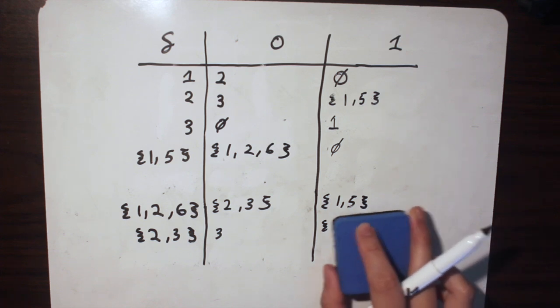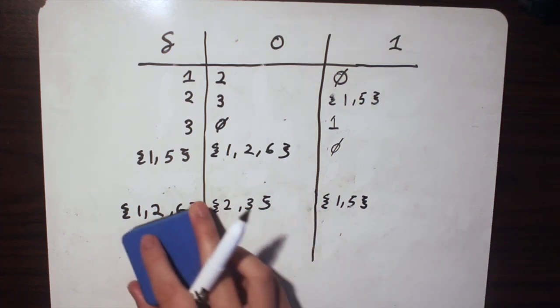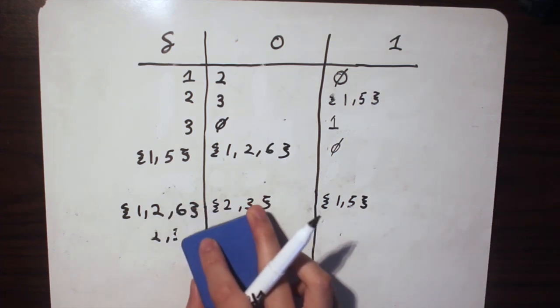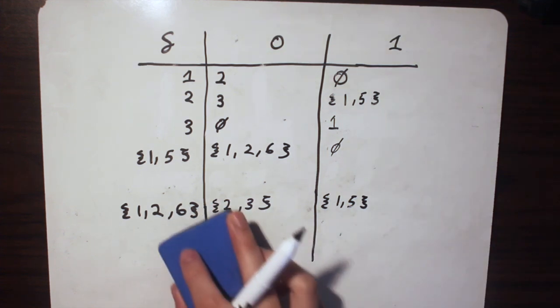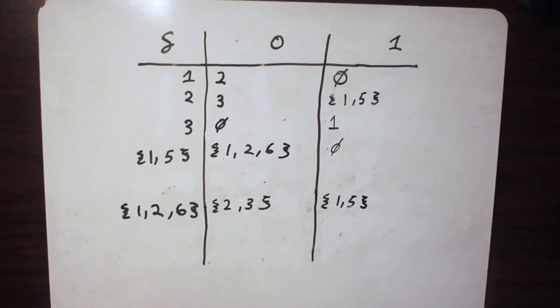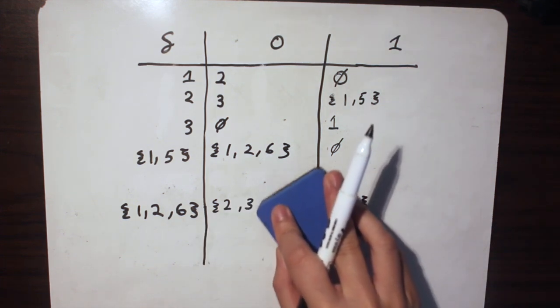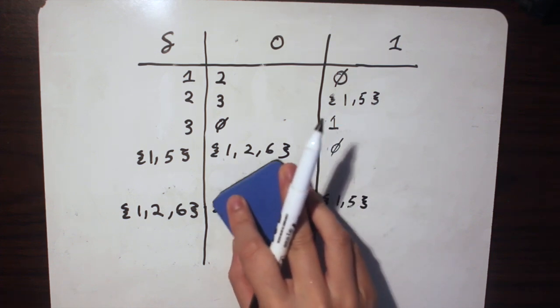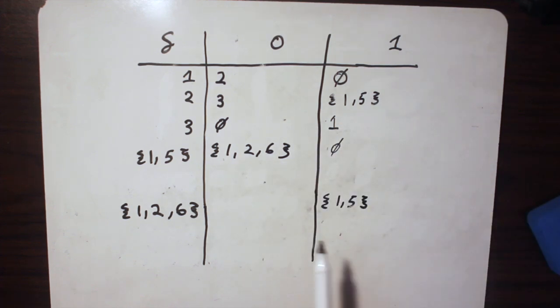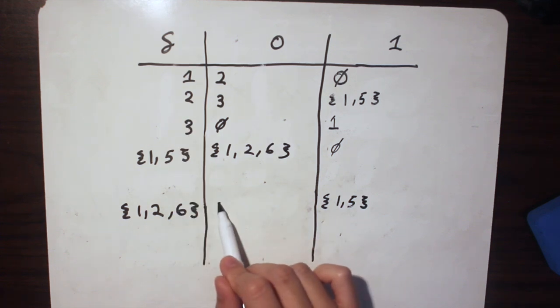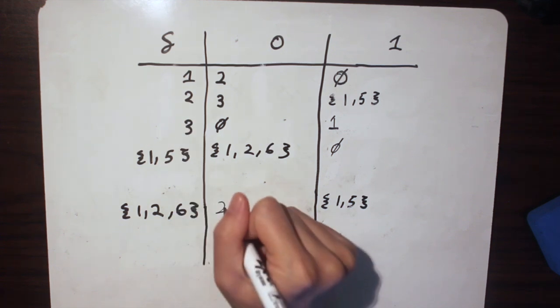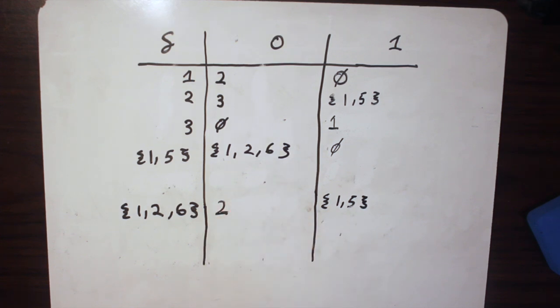So getting rid of the set 2 and 3, and then double checking anywhere else in the table does that set that we just erased exist. And we see that it appears again right here, so we want to get rid of it, and we know that between the two states we decided to keep state 2. So I'm going to be putting a 2 right here, and that's it.